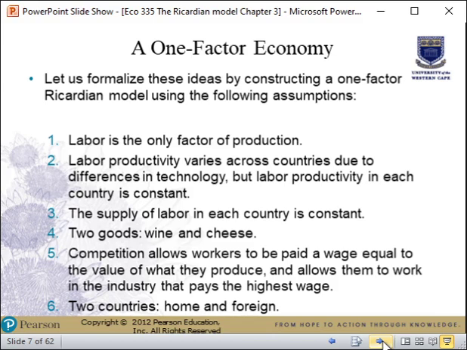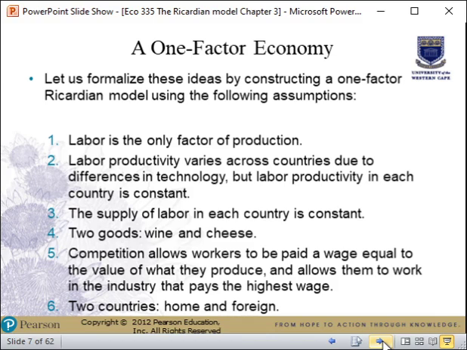Assumption number 3 is that the supply of labor in each country is also constant. Assumption number 4 is that we are only considering two goods, and for our sake we'll use wine and cheese, but you could use any type of goods. The analysis will be the same.